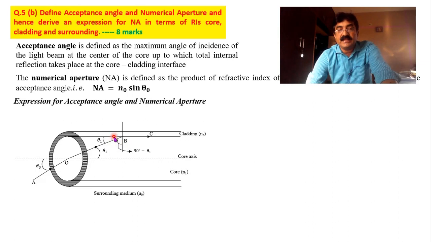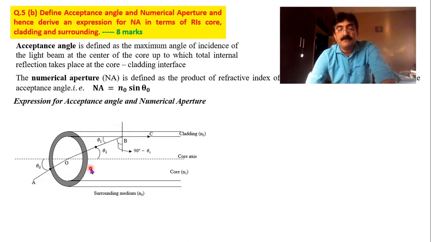If this is critical angle, then this angle of refraction is 90 degree, it will graze the surface. Suppose if this is greater than critical angle, then this ray will bend back into the optical fiber and continues to propagate in this zigzag medium. Now we have to apply Snell's law at 2 positions, that is at point O and point B.